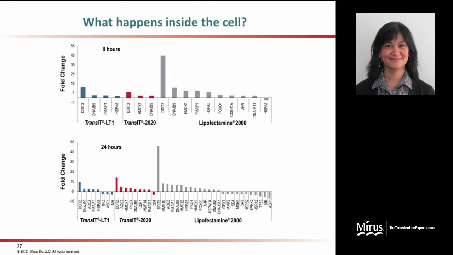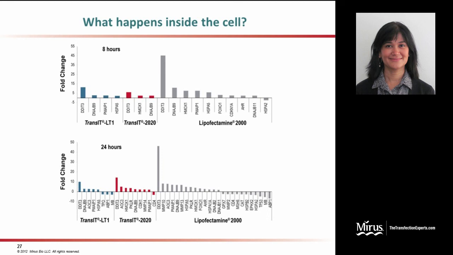We looked into this further by looking at the gene expression profiles, using an RT-PCR-based method to analyze the expression of 84 key genes involved in cytotoxicity. This experiment was done with HeLa cells that were transfected using either Transit LT1, Transit 2020, or Lipofectamine 2000.